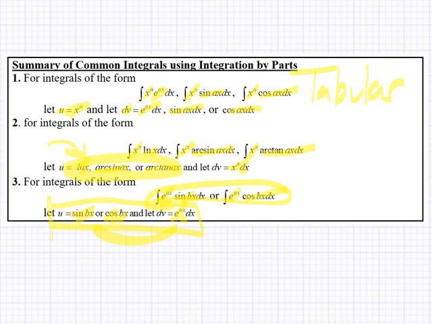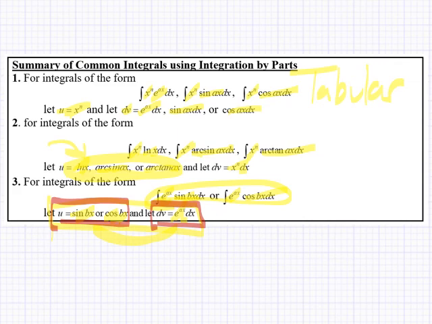So if you want to ensure that you get the same answer the book is getting when it comes to homework problems like these, this is how you should assign your u and your dv. But really, in the long run, outside this class, it doesn't matter. These are the ones where, no matter how you assign it, you'll be able to get through the problem.